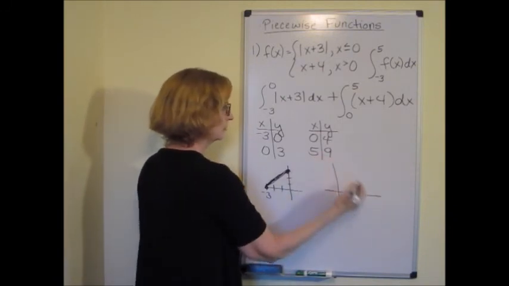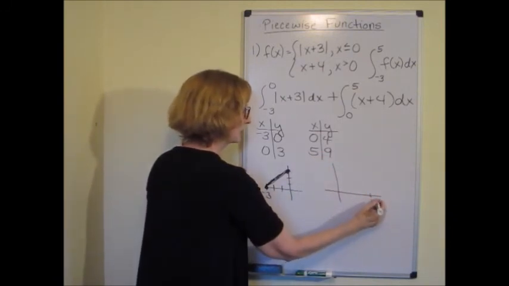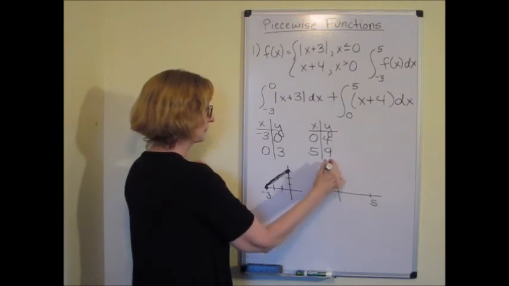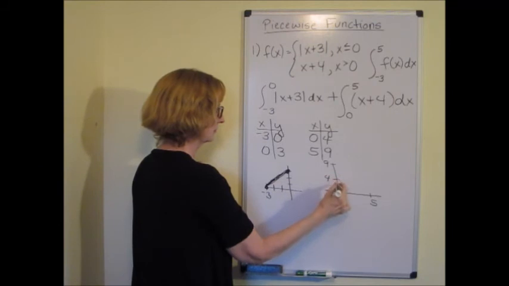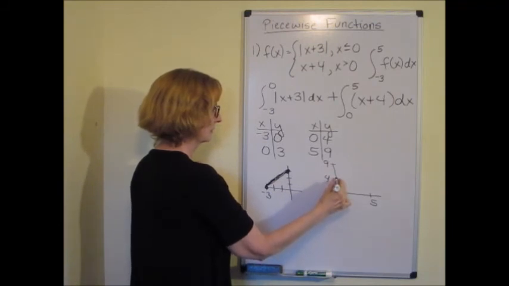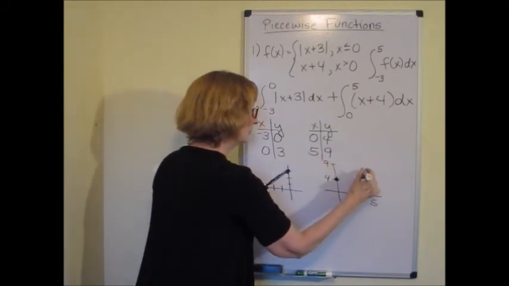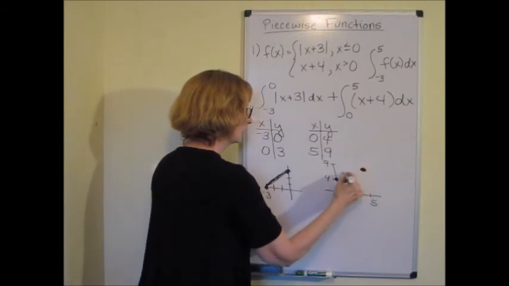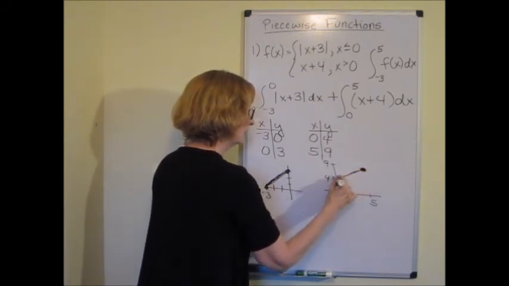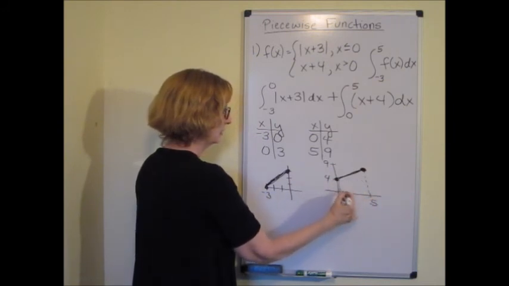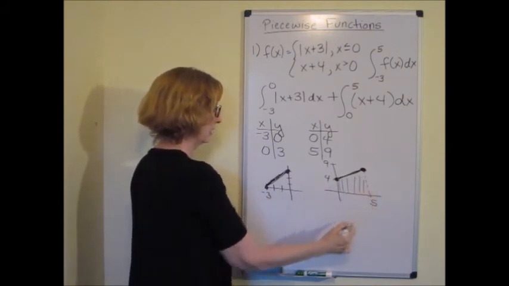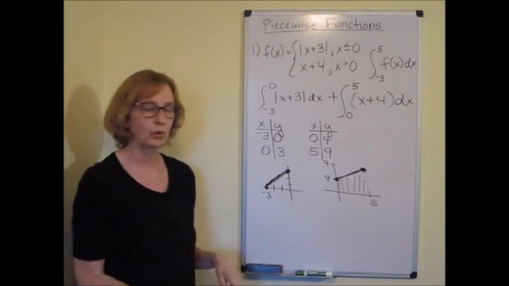From 0 to 5, we'd have (0, 4). I'm just going to label it, and then (5, 9). Another little line. And when I drop this down, you can see that this little area is actually a trapezoid.